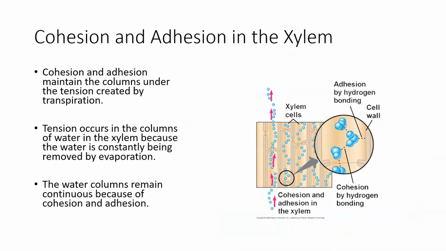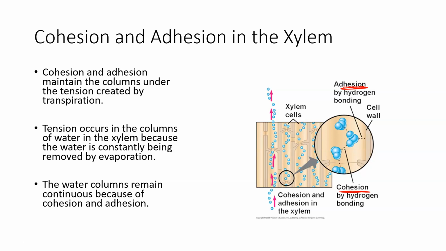So cohesion and adhesion in xylem, you see them both. We just talked about water molecules forming hydrogen bonds with other water molecules. We call that cohesion. We also talked about water molecules forming hydrogen bonds between water molecules and the vessel wall in this case. That is adhesion. Both of them are the result of polarity, and they're both the result of hydrogen bonding.